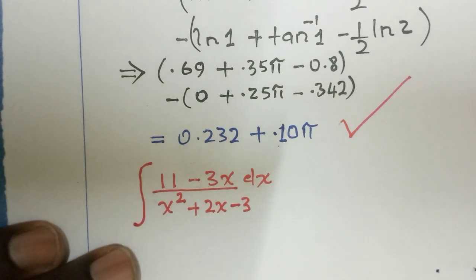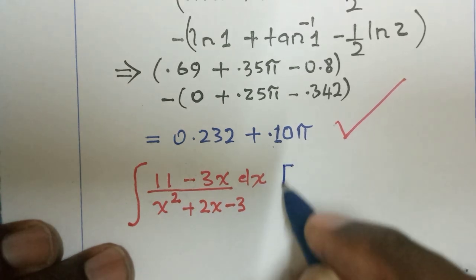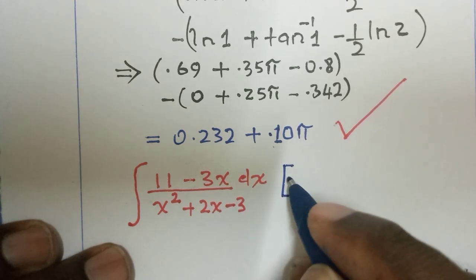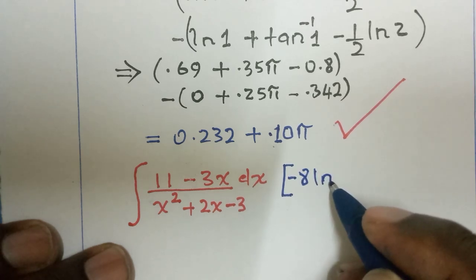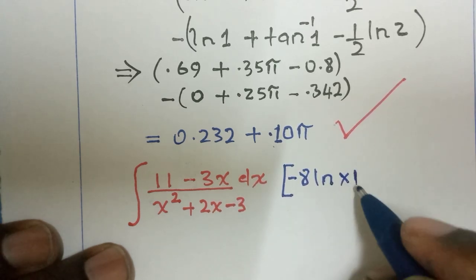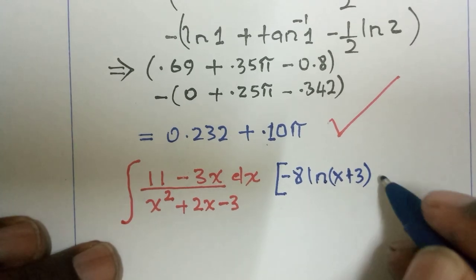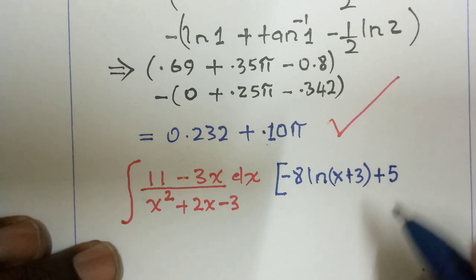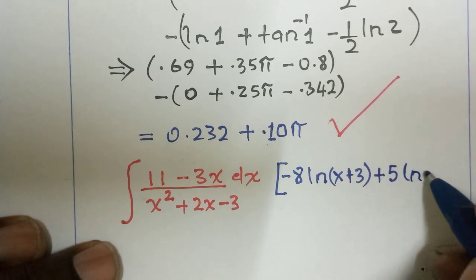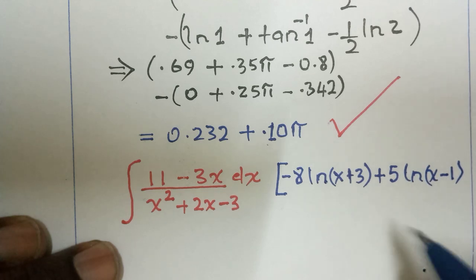And the answer I'll give you is here. The answer is -8 ln x plus 3 plus 5 ln x minus 1 plus c.